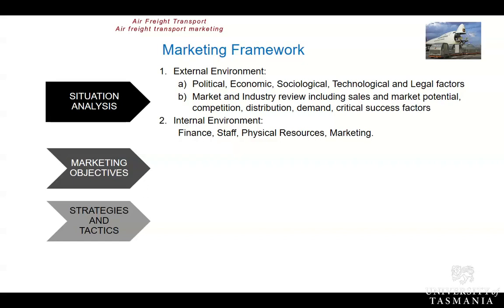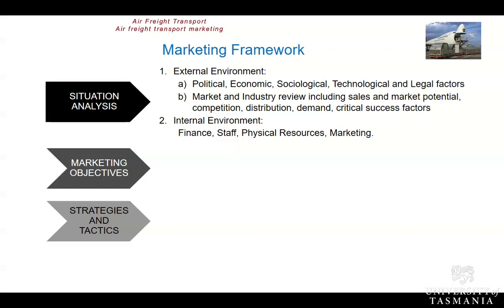The external environment, so what's happening outside your business, is typically made up of macro factors, big picture issues, and also micro factors which relate to the actual industry that you find yourself in. In addition to the external, you need to have a good understanding of your own business.